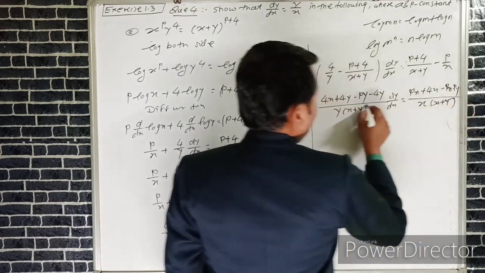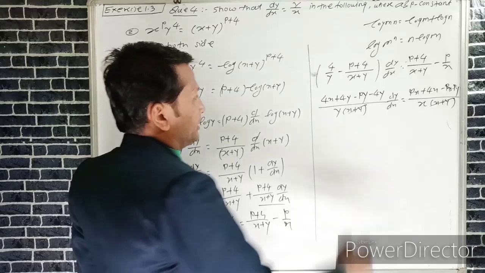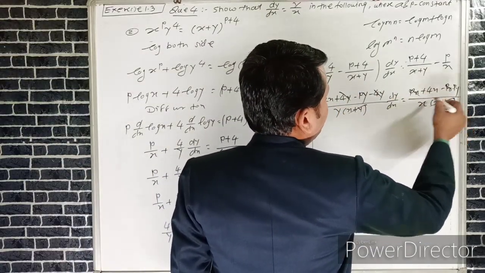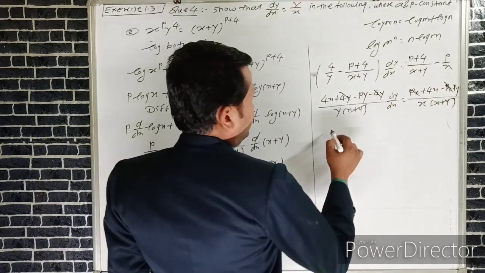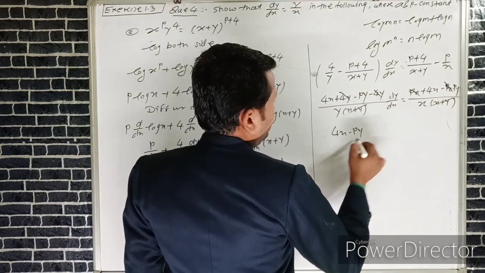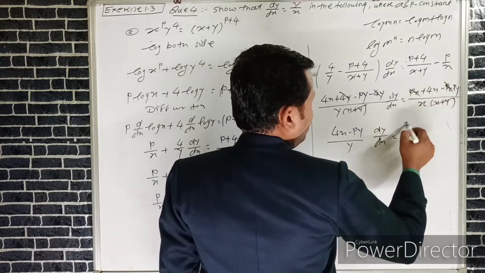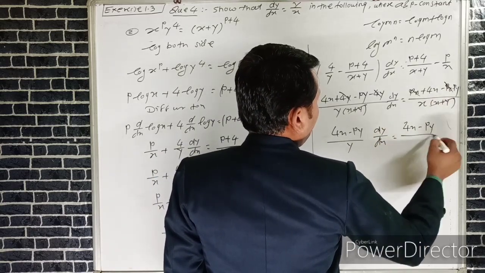Here x plus y cancels. Here plus 4y minus 4y cancels. Here plus px minus px cancels. Remaining terms: 4x minus py upon y dy upon dx is equal to 4x minus py upon x.